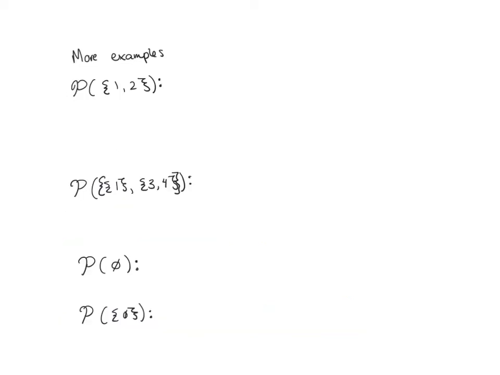Let's think of a couple examples. So we've already talked about the power set of {1, 2}. I guess I'm not too creative. So let's go ahead and consider the power set of the set containing 1 and {3, 4}. To have a subset of this, I have to have a set that has one or more of the elements of my set.